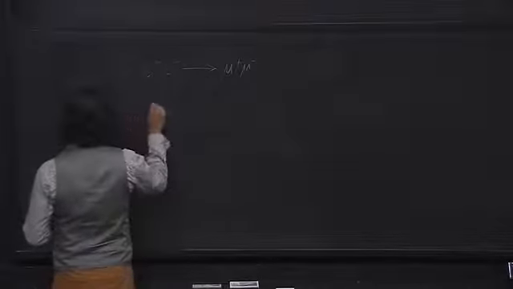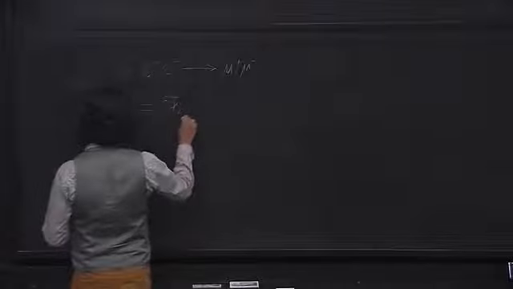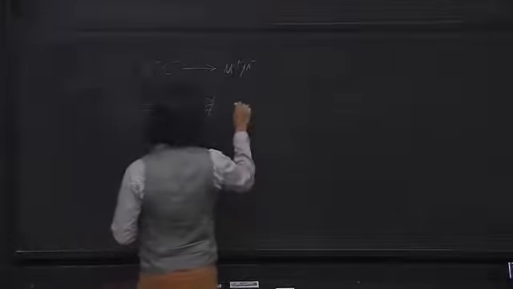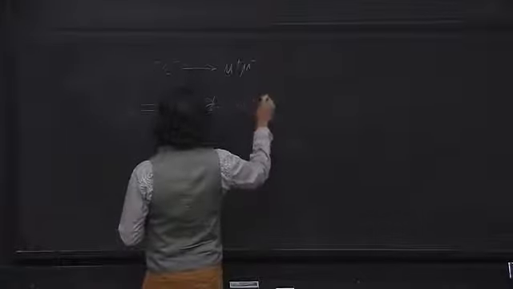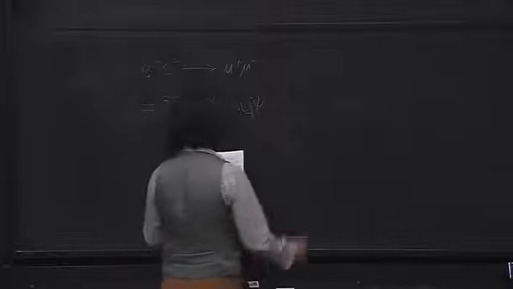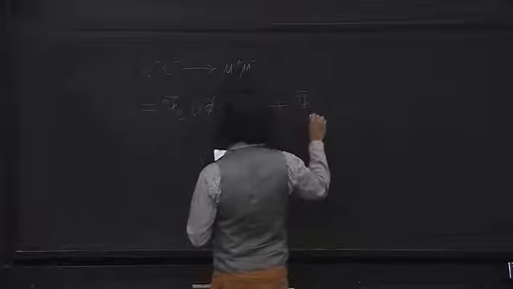So the Lagrangian for this has a Dirac part which describes the electron. This is the electron Lagrangian. It has another Dirac part which describes a muon field.